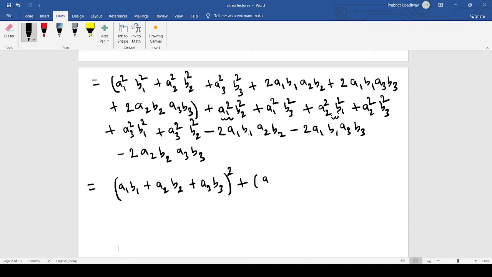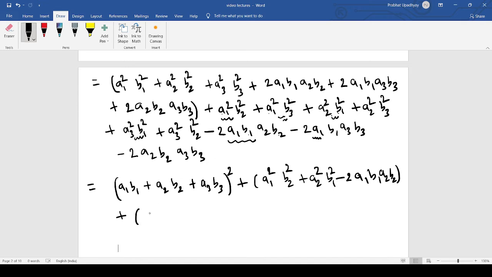So I will have a1 square b2 square plus a2 square b1 square, and I'll combine it with this term, that is minus 2 times a1 b1 a2 b2 plus this a1 b3 I'll combine it with a3 b1, and from here I will have minus 2 times a1 b1 a3 b3.